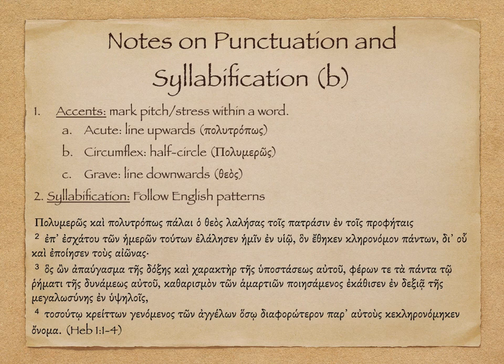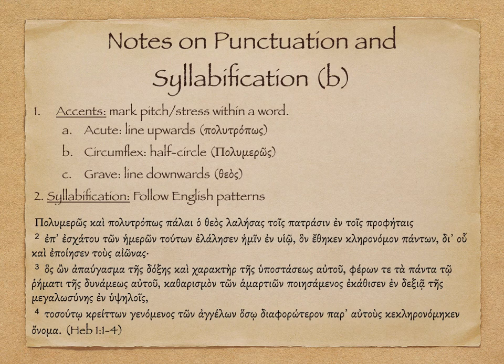Let's think about accent marks for a few moments in Greek. These mark pitch or stress within a word. The acute accent mark is a line that goes upward, like polutropos. So there's an accent and it sort of elevates the voice.